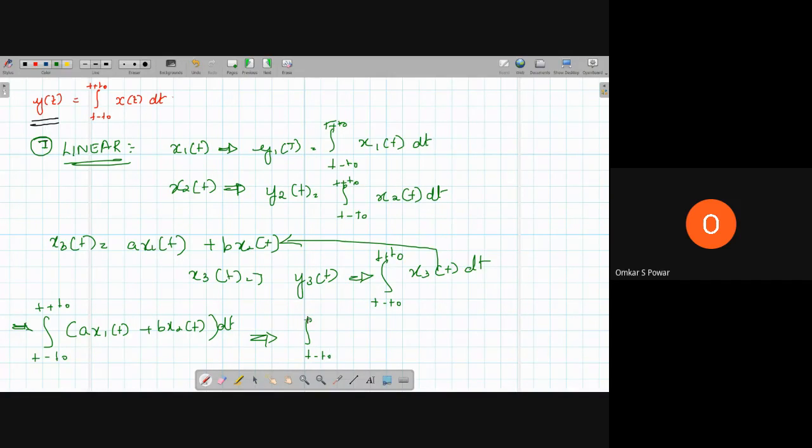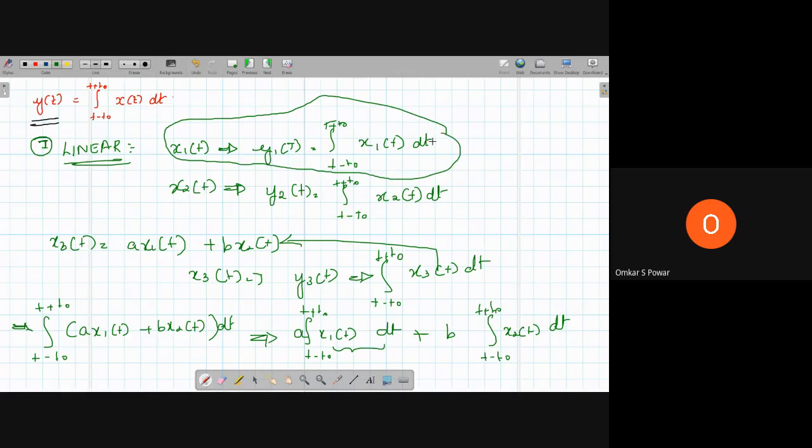Integral from t minus t naught to t plus t naught. A I will bring outside: a times the integration of x1 of t dt, plus b times the integral from t minus t naught to t plus t naught of x2 of t dt. What is this integral of x1 of t dt? From here it is y1 of t.